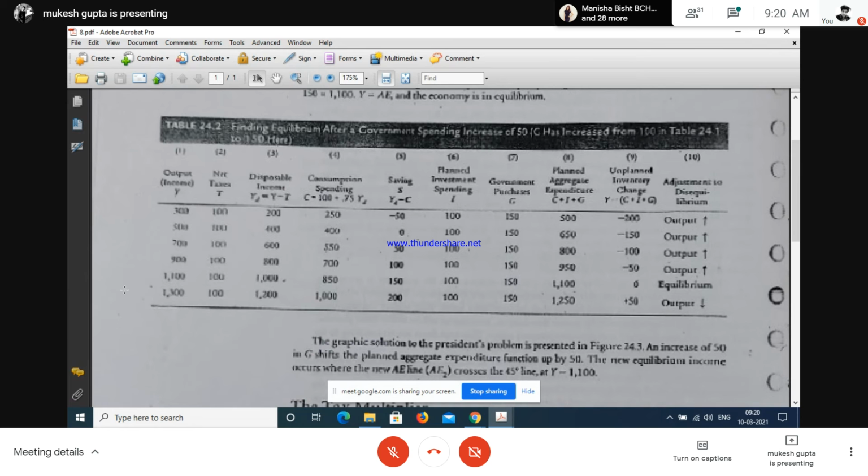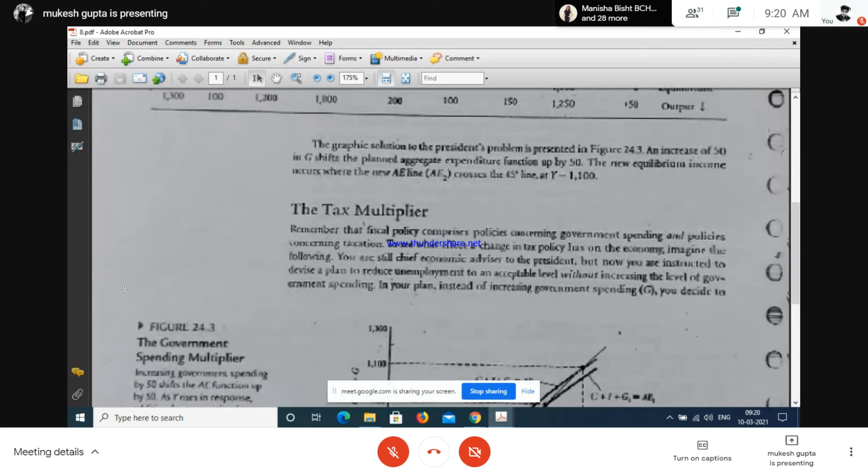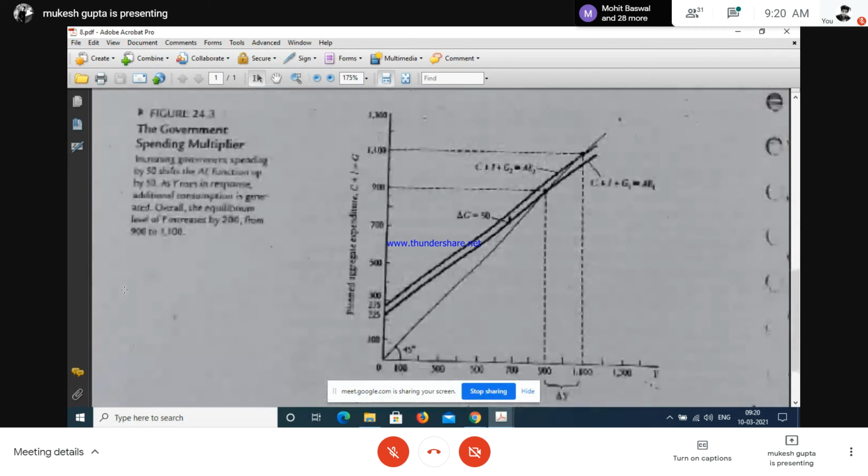So national income increased by 4 times. You can see this with the diagram also, where again there is a 45-degree line. Initially, the aggregate expenditure line is this. In this diagram there is no consumption line, just the aggregate expenditure line.